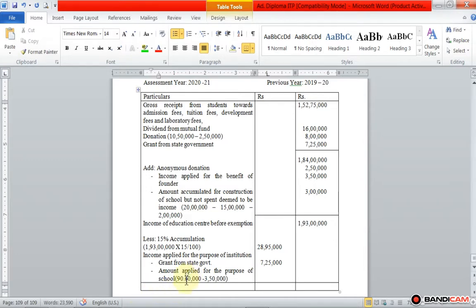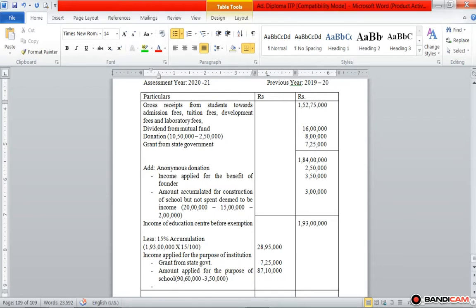So deduct the 3,50,000 from 90,60,000. So here 90,60,000 minus 3,50,000, we get 87,10,000. Okay, 87,10,000 is applied for the purpose of school.